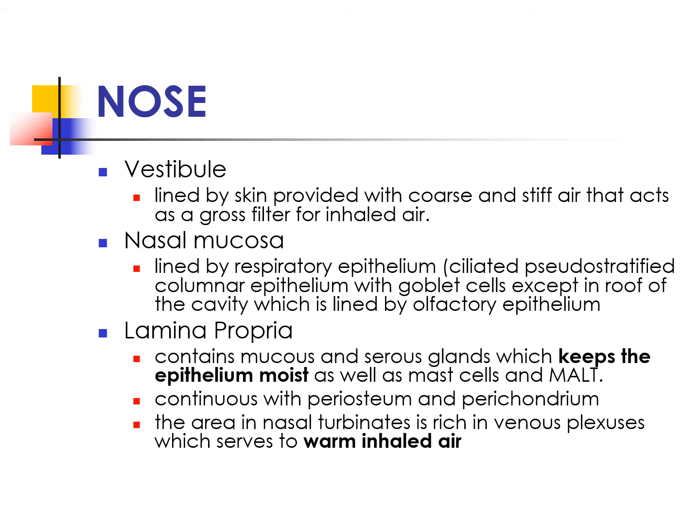And the lamina propria contains mucous and serous glands which keep the epithelium moist, as well as mast cells and MALT. Ano yung MALT? It is the mucosa-associated lymphoid tissue. So anong mahalaga dyan? Yung inhaled air para maging warm.